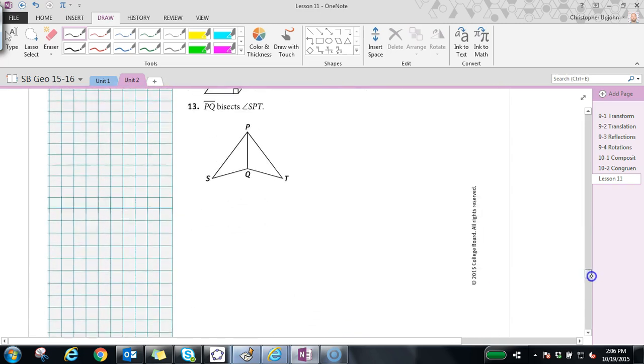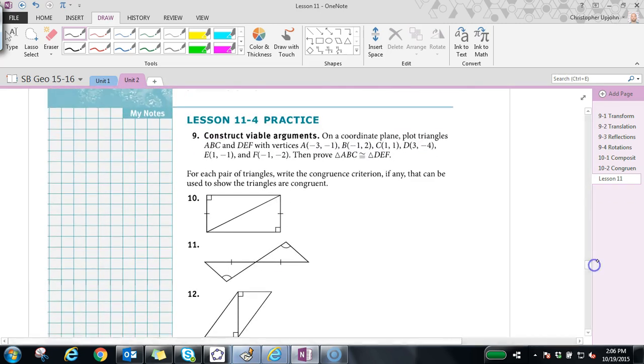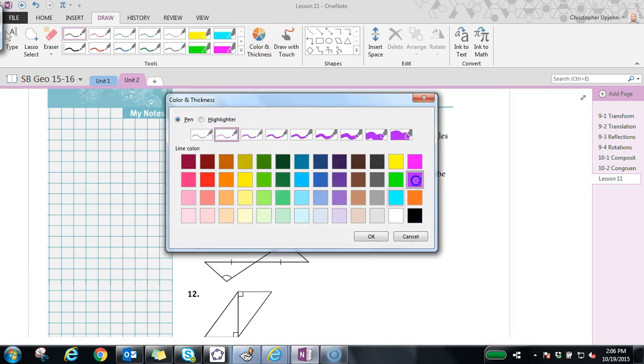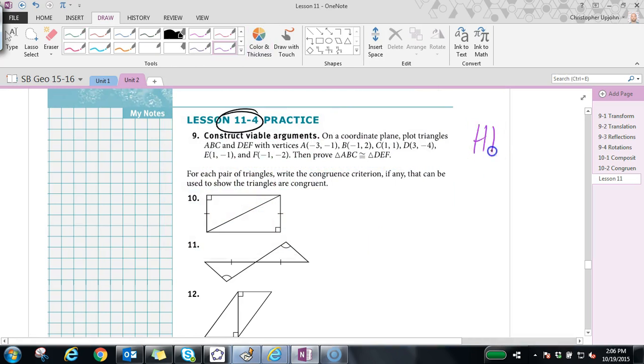And then on page 164 and 11.4, we have our last way to prove triangles congruent, which is hypotenuse leg. So we proved that if hypotenuses are congruent and one pair of legs are congruent, but we also have a right angle that's congruent.